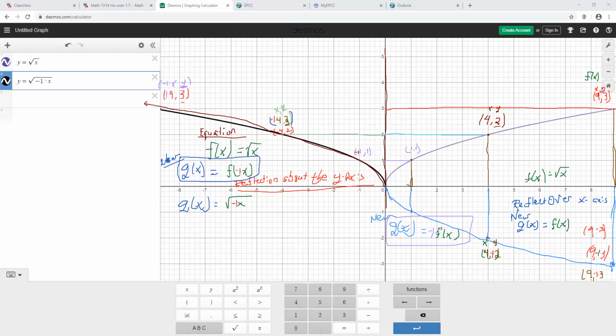It's a multiplication of -1 outside the function, which is the same thing as saying the y value you multiply by -1.